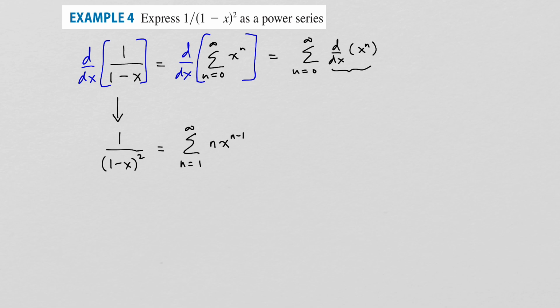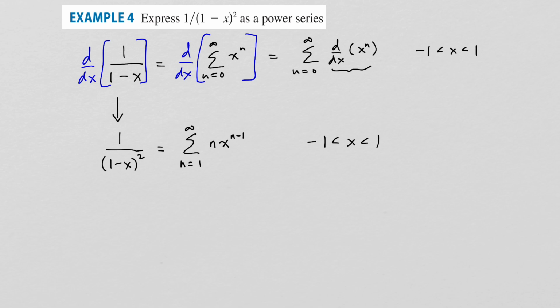Now another nice thing is we know that the original interval of convergence for your geometric series is x has to be between -1 and +1. When you take the derivative of a function to get a power series, it is going to have the same interval of convergence.